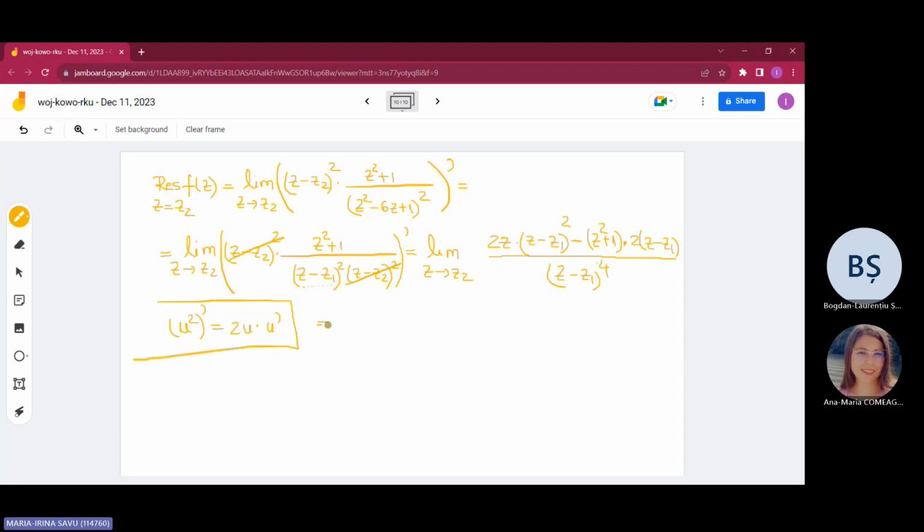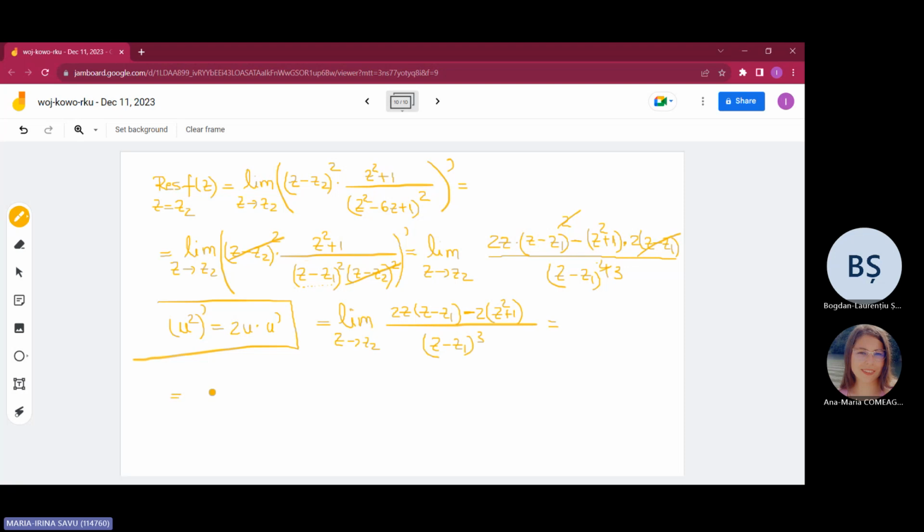Now, when z goes to z2, you have a multiplication here. So you have 2z times z minus z1 minus 2 times z squared plus 1 over z minus z1 cubed.